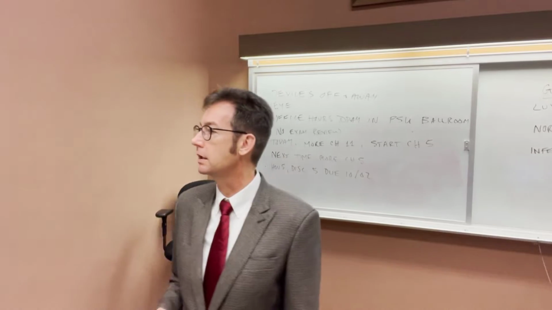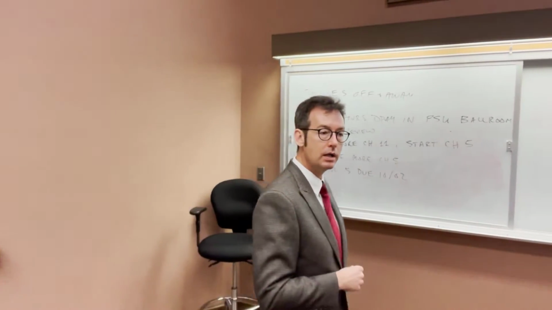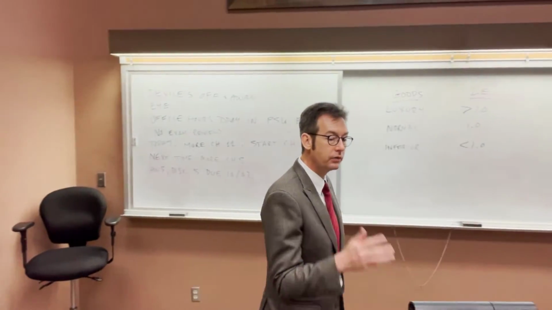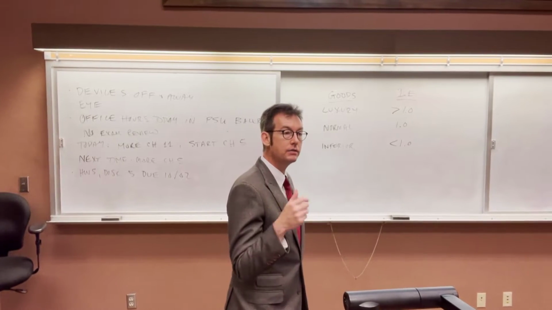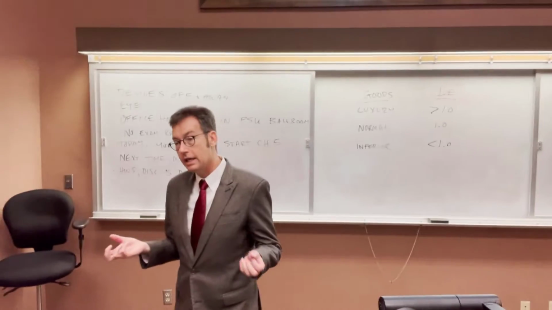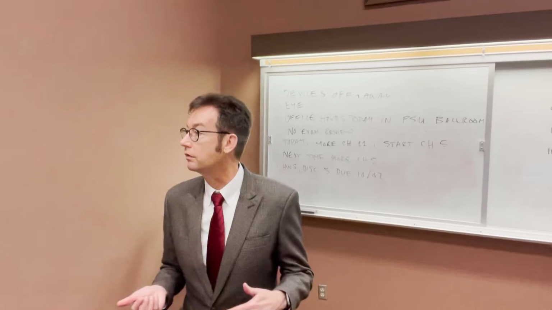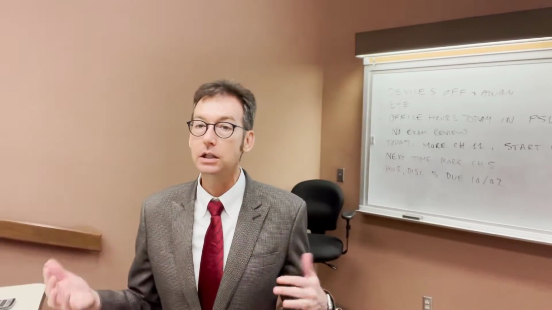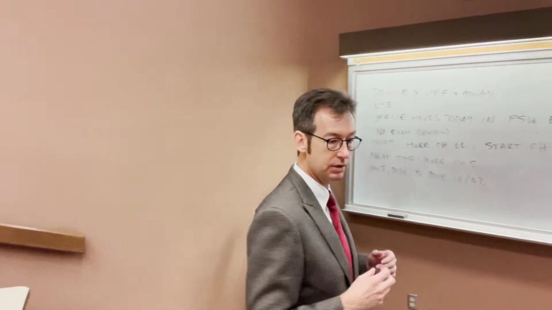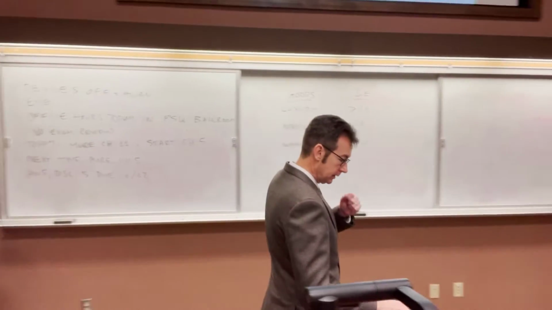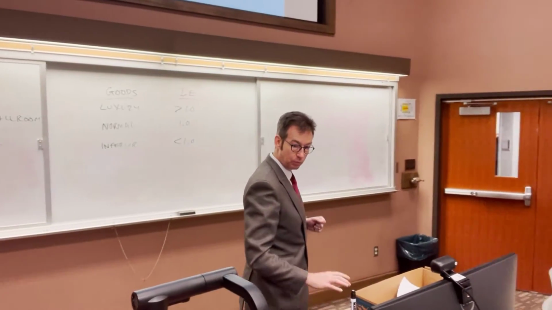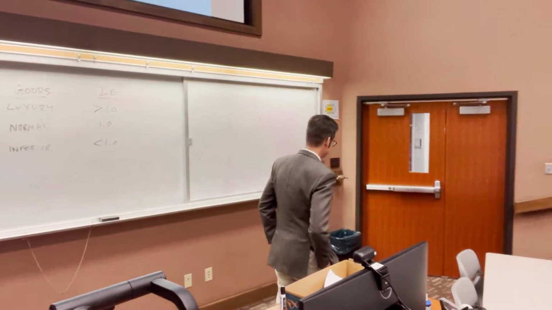There are a few that are negatively correlated. Most things are positive. But the cool thing is that as long as I have two things that are not perfectly correlated, as long as I keep adding stuff to my portfolio, I can continue to reduce that risk, which is a pretty cool thing. So let me give you a big portfolio example of that.